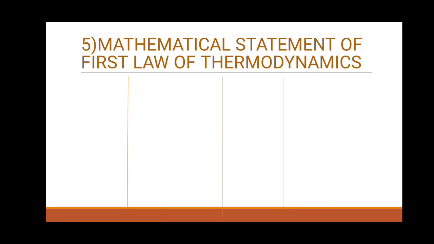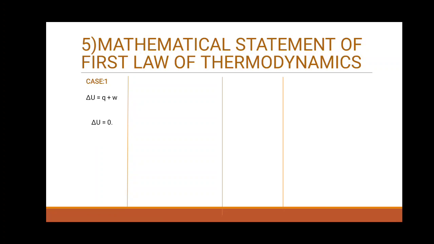Question number 5. What are the mathematical statements of first law of thermodynamics? Case 1. We know that first law of thermodynamics means del U, change in internal energy, equal to Q plus W. First you write the formula del U equal to Q plus W. Now del U equal to 0.